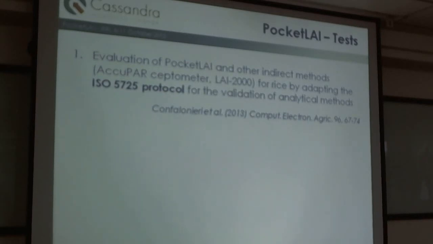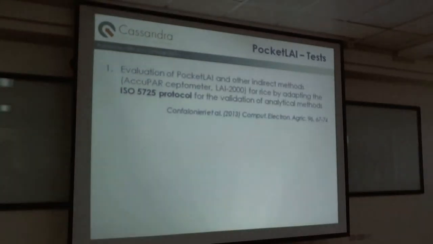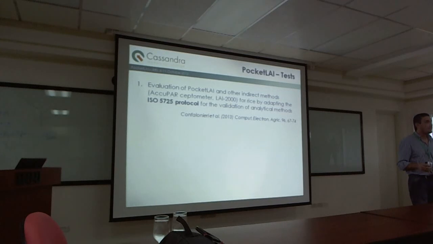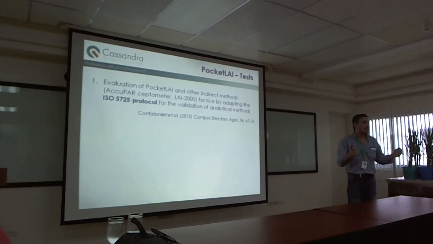Because it's possible to read many papers where everybody tests these indirect methods against destructive methods, and someone reports the R-square, someone else the mean square error, and the protocol used to collect the information to be compared is always different. So in different papers you see, okay, the ceptometer is the best one, the LAI-2000 is the best one, the hemispherical camera is wonderful, and so on.